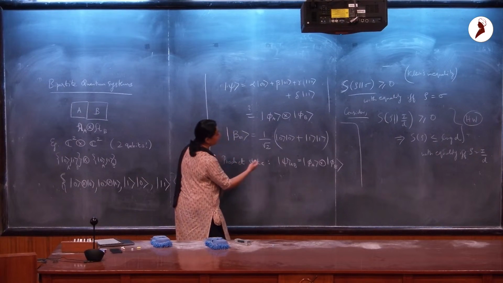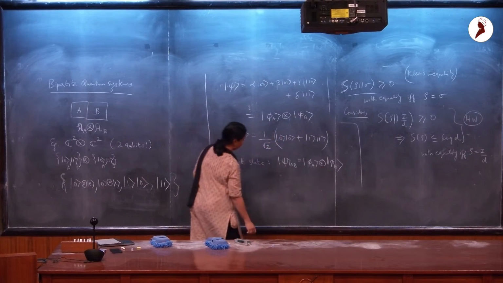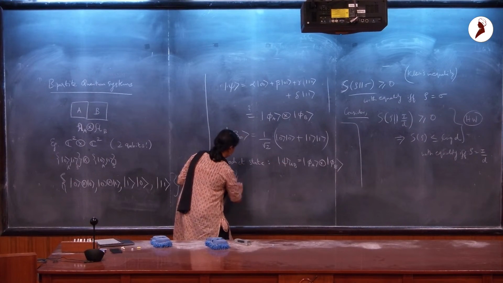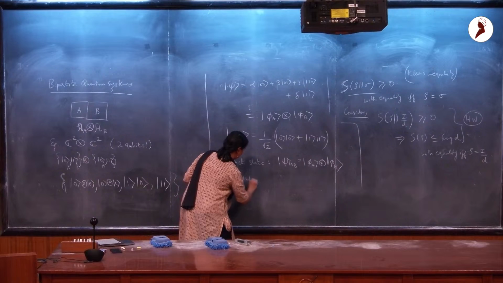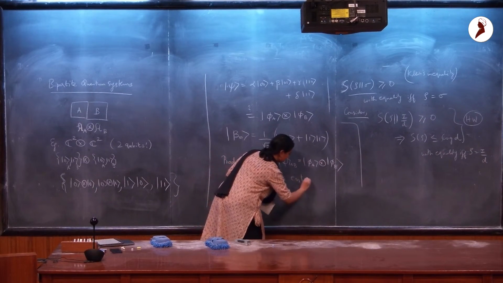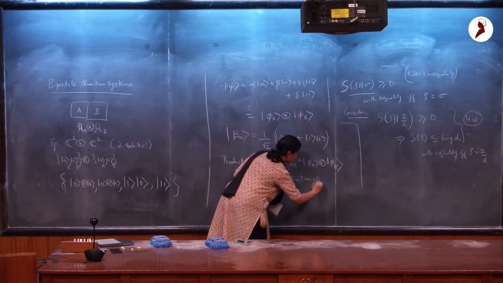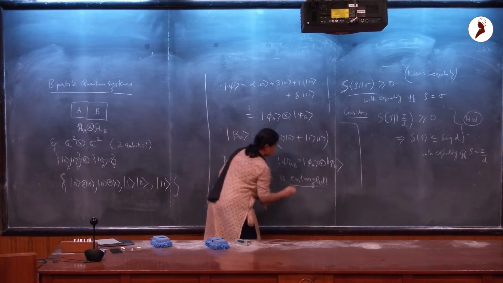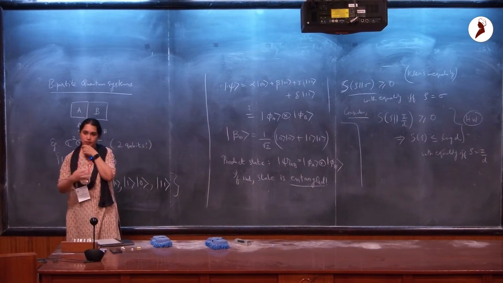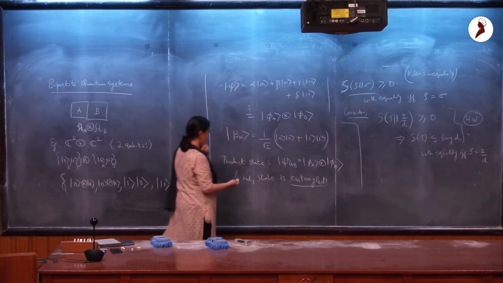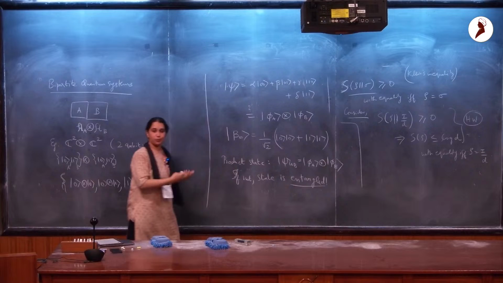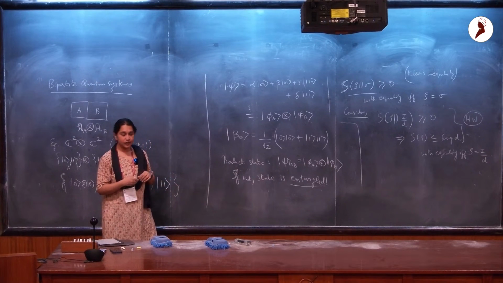But if there do not exist phi_A and phi_B such that the state can be written like this, then we say that the state is entangled. This is the simple definition that you can give to the notion of product versus entangled states.